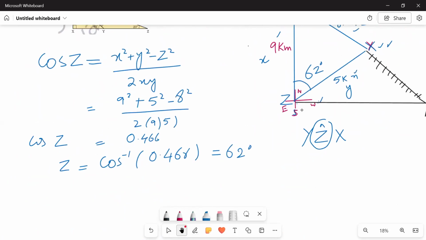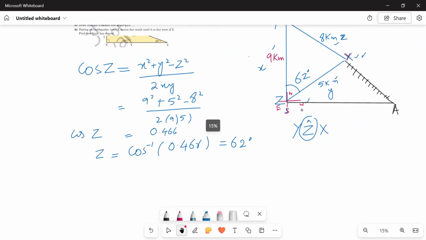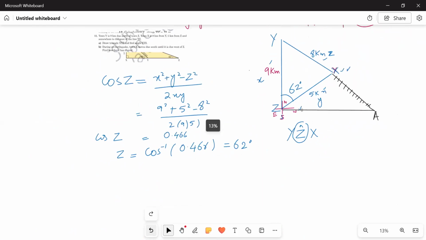Okay, now for this, we have two triangles. One triangle is YZ and A, and the other triangle is YZ and X. We have two triangles.